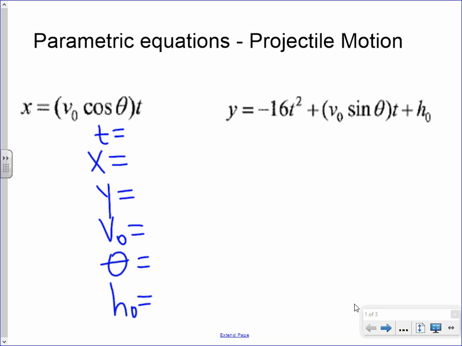So go ahead and just talk about what you think those letters up there stand for.